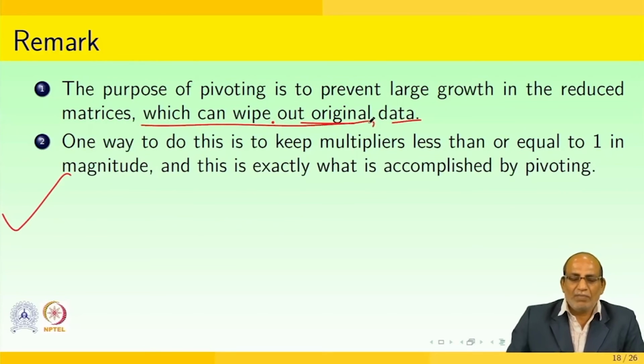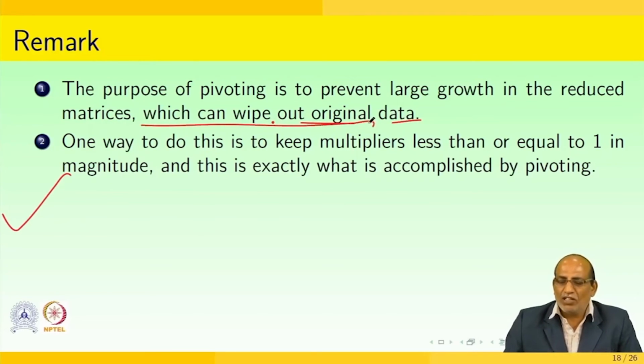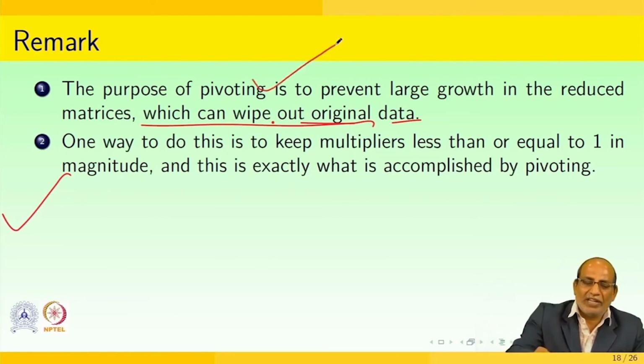When you reduce the matrices, if you don't do the pivoting, it may wipe out the original data. Then you will be in trouble because we are unable to compute the best approximation. So the purpose is lost. We don't want that, so we want to have pivoting.